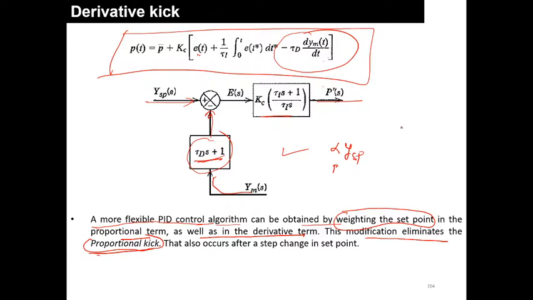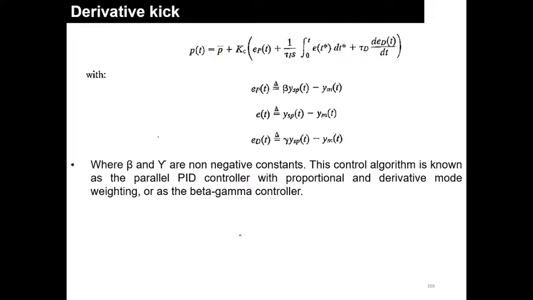The first and most effective is replacing dE by dt with minus dy by dt, and the second is providing a weight to the set point in the proportional term and the derivative term.